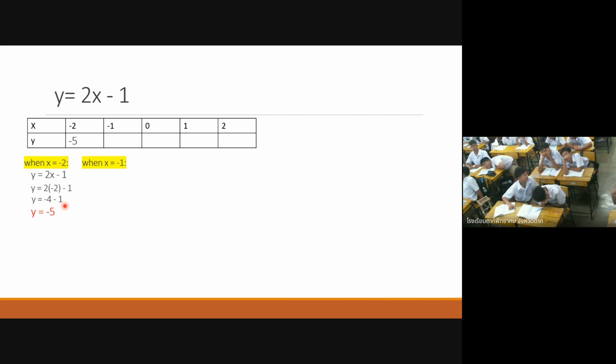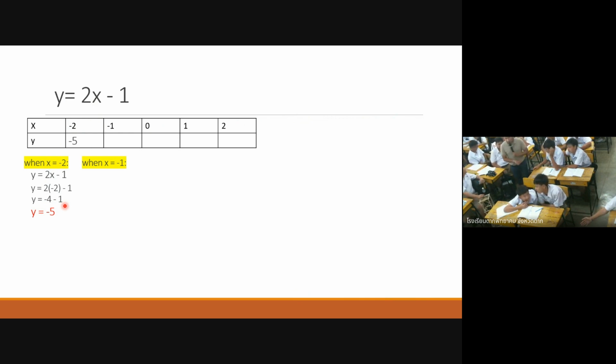How about when x is negative 1? Negative 3.